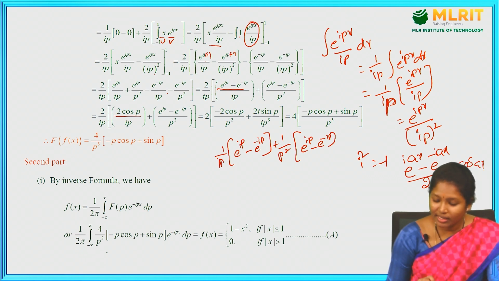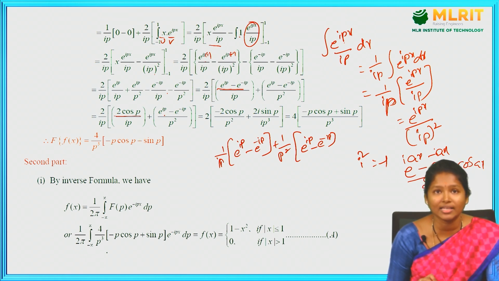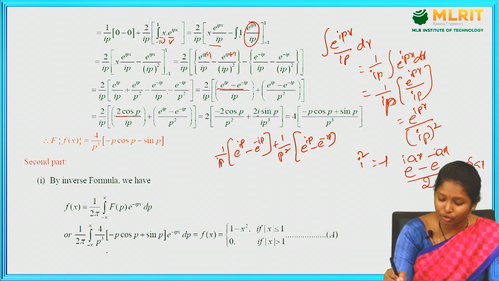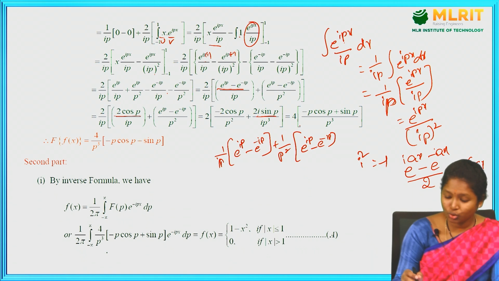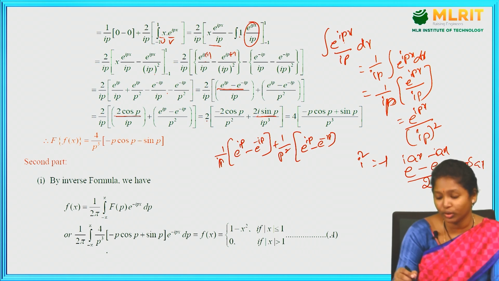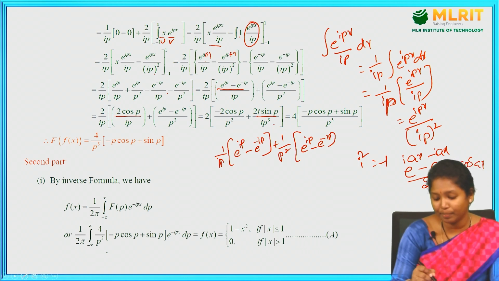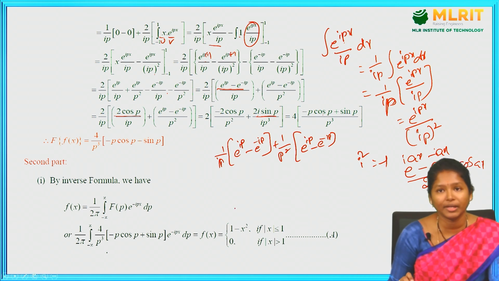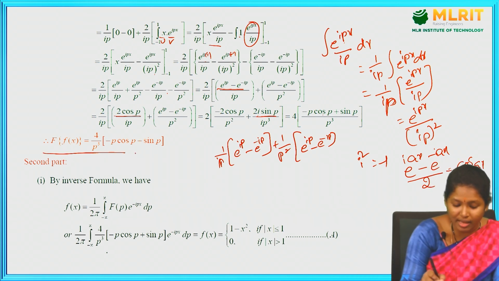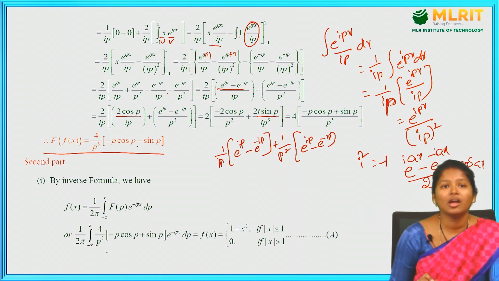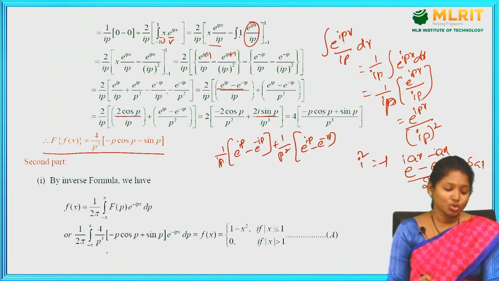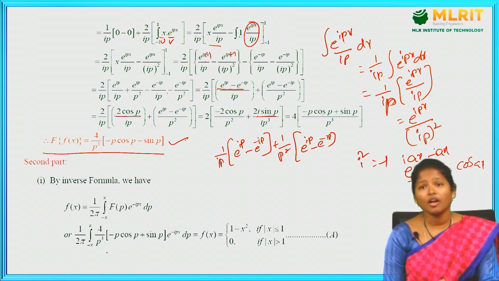Here also, in place of e power ip minus e power minus ip, I substitute 2i sin p. So I get the final answer: taking 2 into 2 common, 4 by p cube, minus p cos p minus sin p, with p cube as the LCM. So f of p equals 4 by p cube, p cos p minus sin p. This is the Fourier transform.